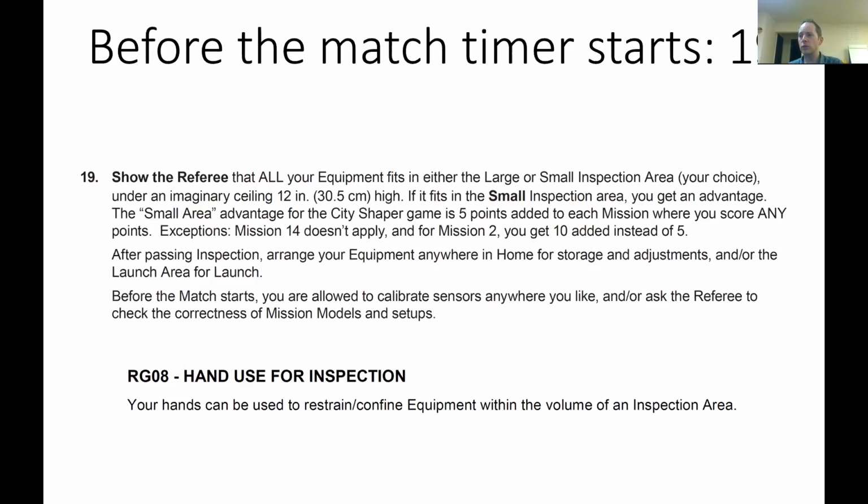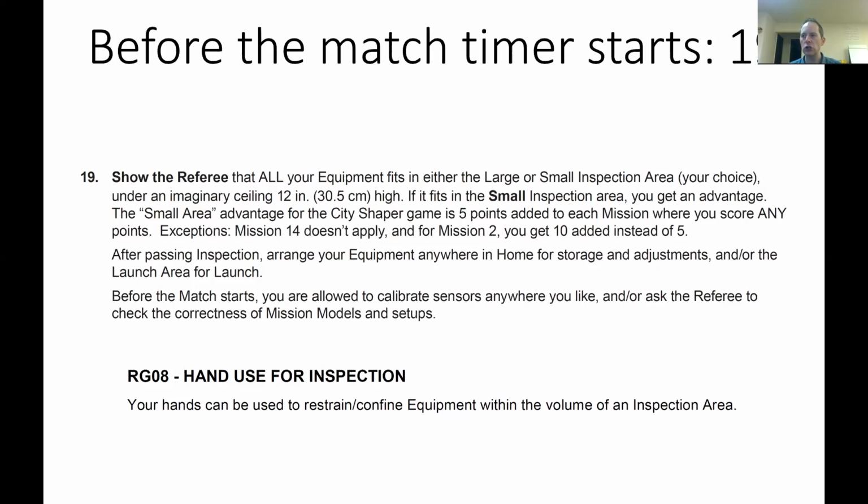The other thing that's really important about this is that it must fit under that imaginary 12-inch ceiling in either the large or the small inspection area. So there is no all-of-home inspection area. It's either the large or the small. If it fits in the small inspection area, you get an advantage. For every mission where you score points, you get 5 additional points, except for mission 14, which is the precision tokens mission.